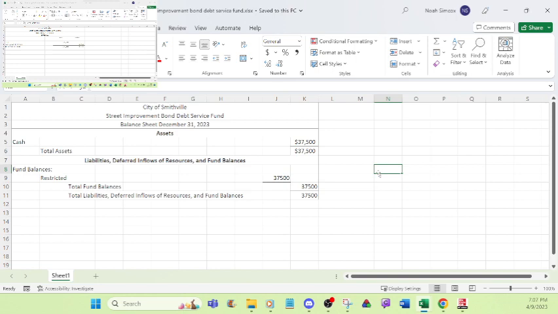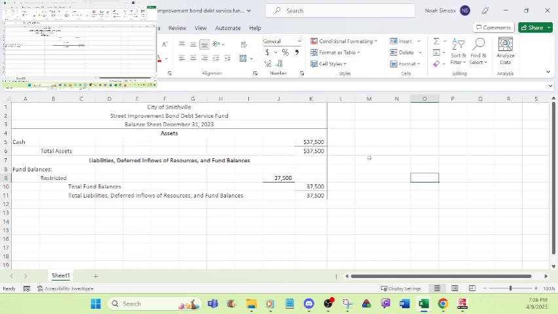That's the balance sheet. All we have is cash. That's it. Oh, dude, how did I not have this as commas here? Yeah. Who cares?